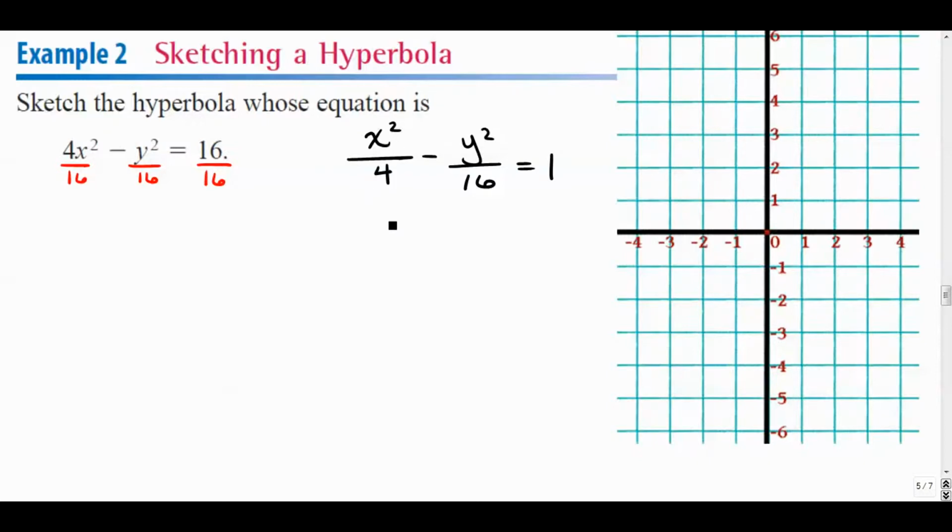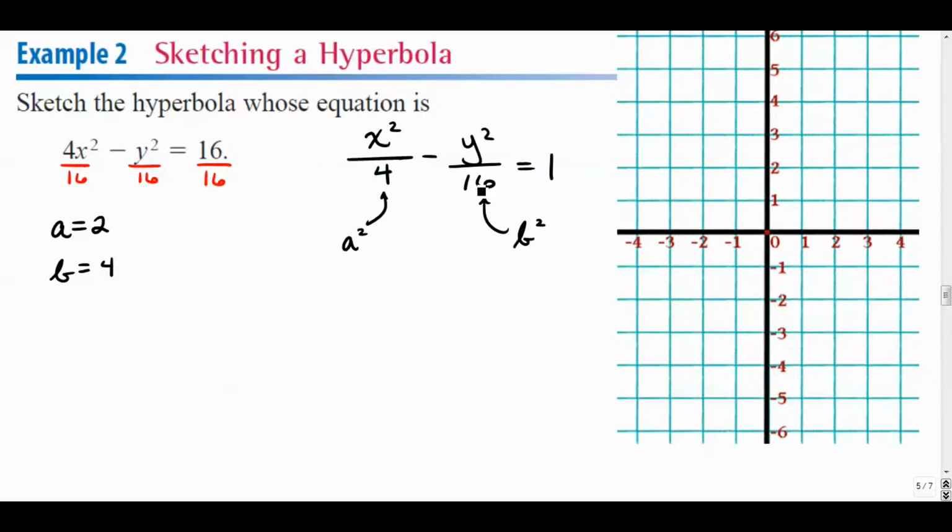Now in hyperbolas, you always have the a squared term here and the b squared term here. The numerators are the things that change in the hyperbola equation, but the a and the b are always in this order. So that tells me that lowercase a is 2 and lowercase b is 4. If a squared is 4, a is 2.